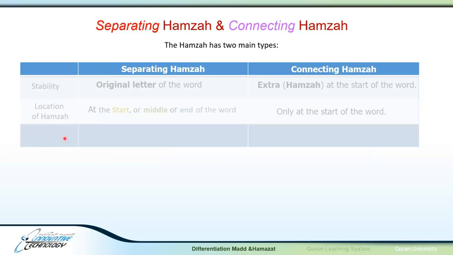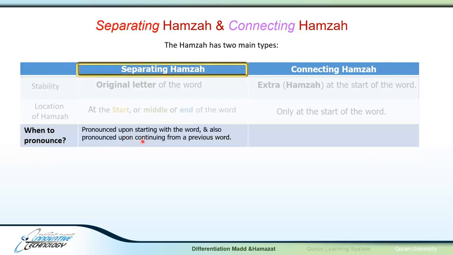The third differentiation point is related to pronunciation. When are the cases that we should pronounce the hamza, and when are the cases that we won't pronounce it? In the case of the separating hamza, it is always pronounced, whether we start with it or we continue recitation through it. Like in the case of anjayna, if we have the hamza at the start of the word, and we just start reading from it, we say anjayna.